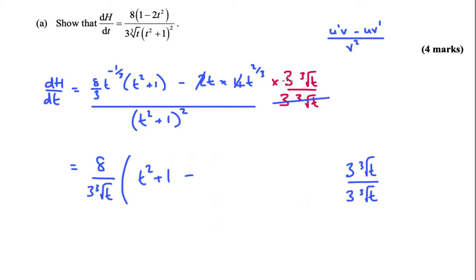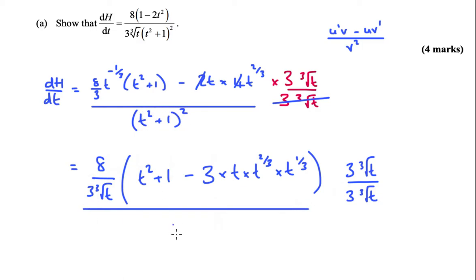And now we have a 3 from here times a t to the 2 over 3 times a t to the third, that one will be, won't it? Over the t squared plus 1 all squared. Okay, so that's the same as what we've written up at the top, but looks very, very different.